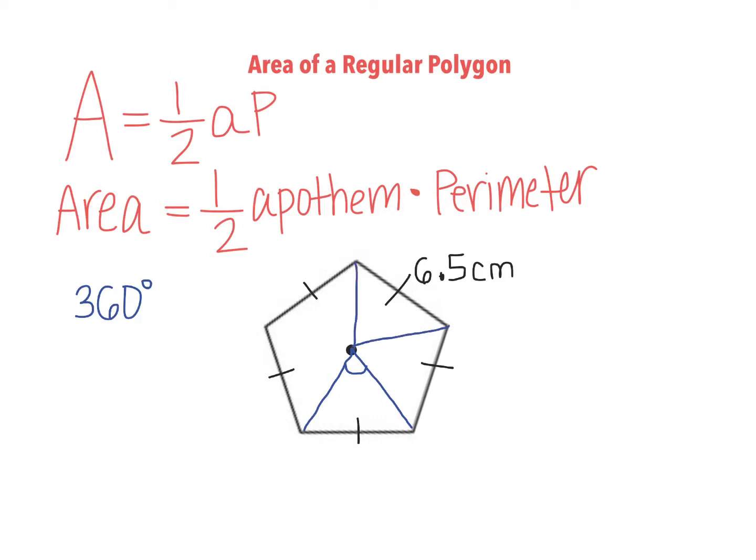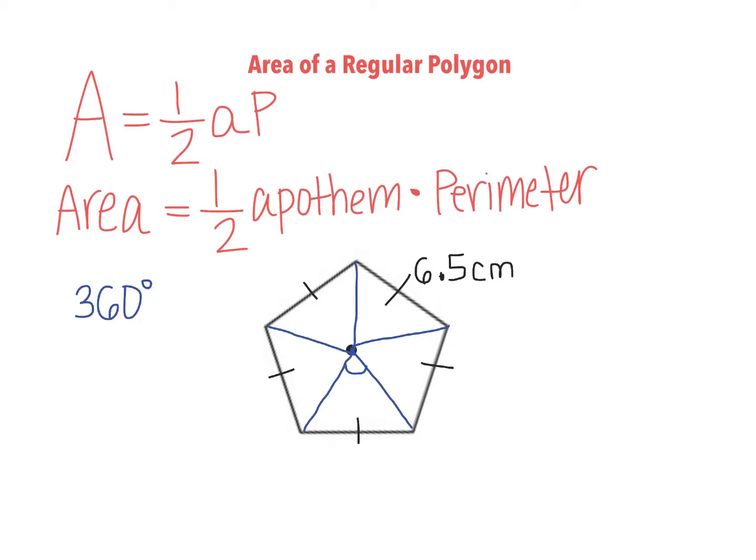So if I create triangles coming off of the pentagon or inside of the pentagon, we have 1, 2, 3, 4, 5 triangles. So if all of these angles, let me do my imaginary circle right here. Think that it's in this circle, okay? So if all of those angles added together is 360, what would it be for just one of those angles?